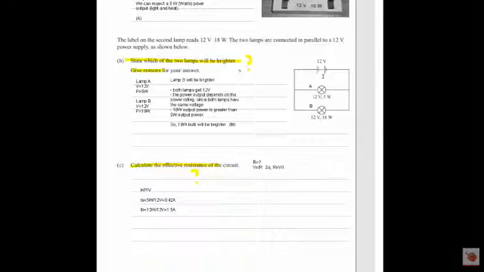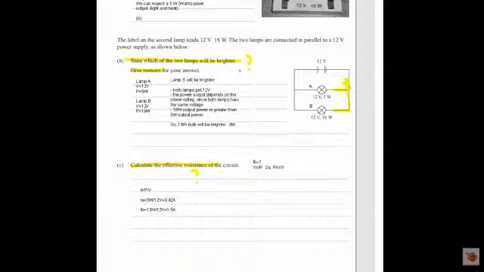Now, since I know how current flows in a circuit, I know that 0.42 amps is going to come out of this branch and meet up here, and then 1.5 amps is going to come out of this branch and meet up here. So you've got 0.42 meeting up with 1.5 amps.